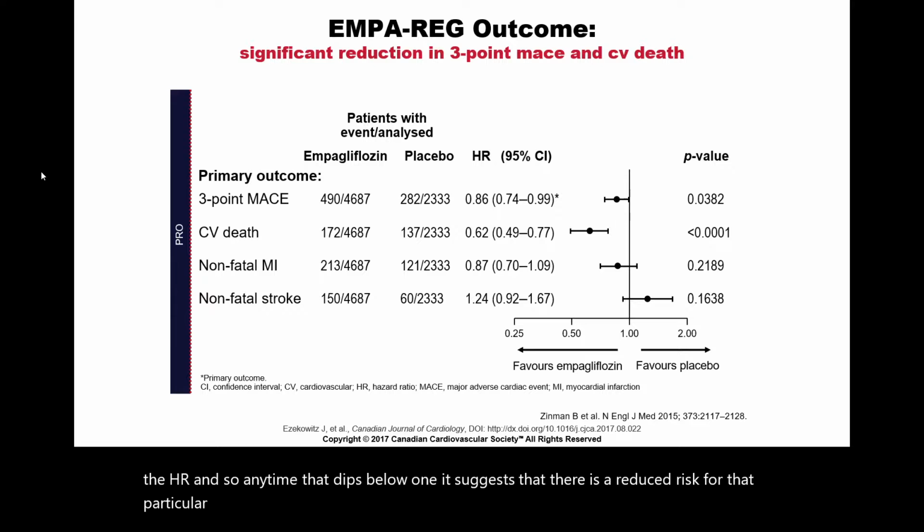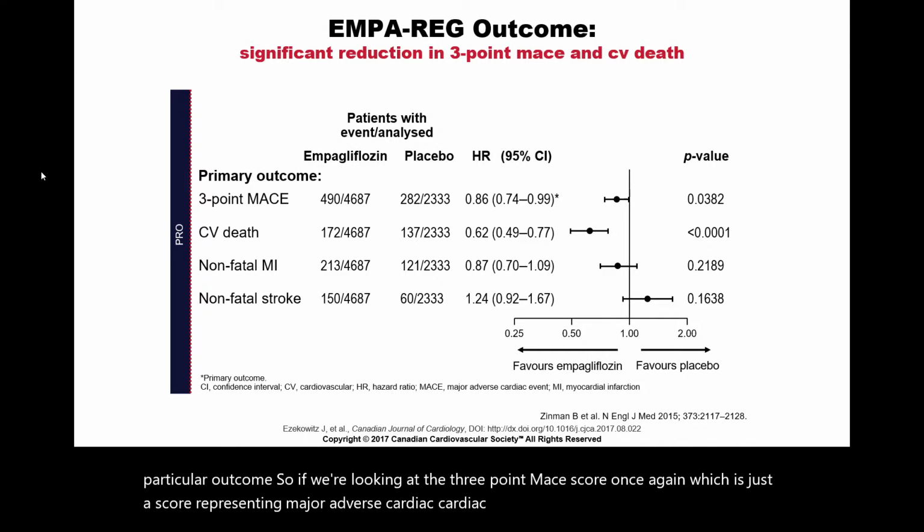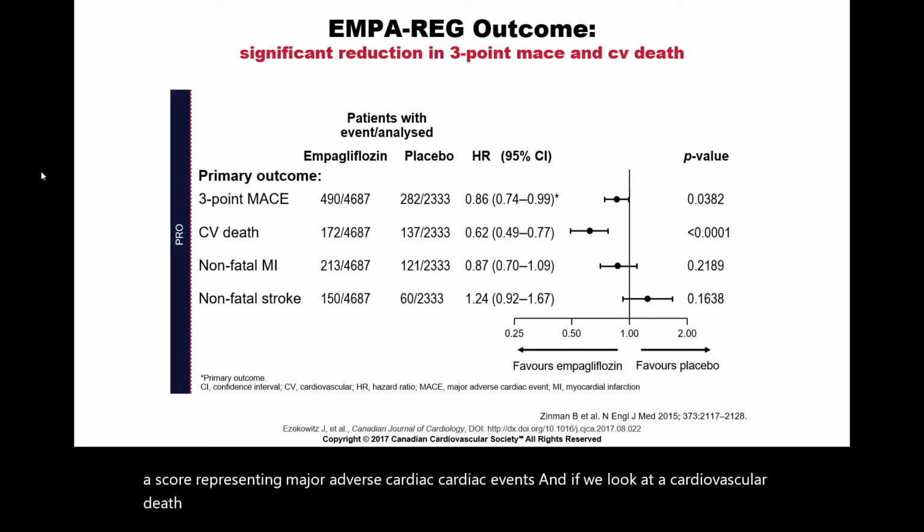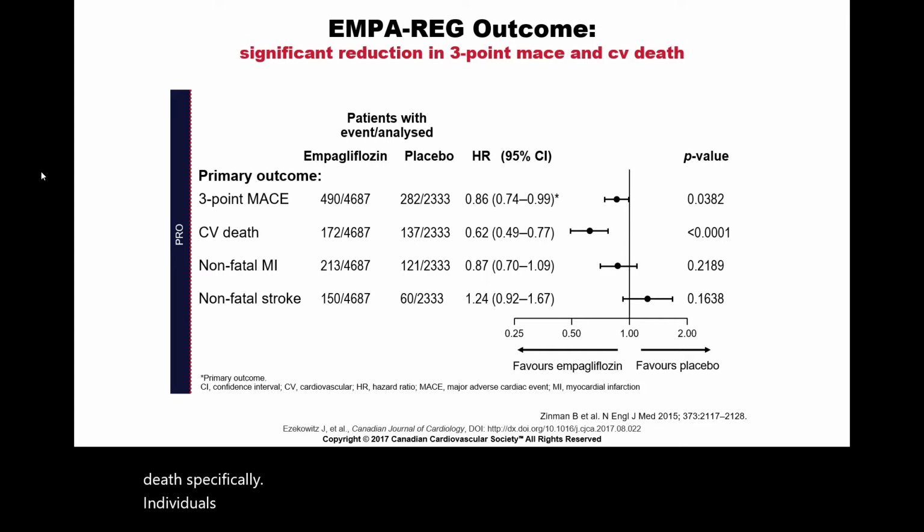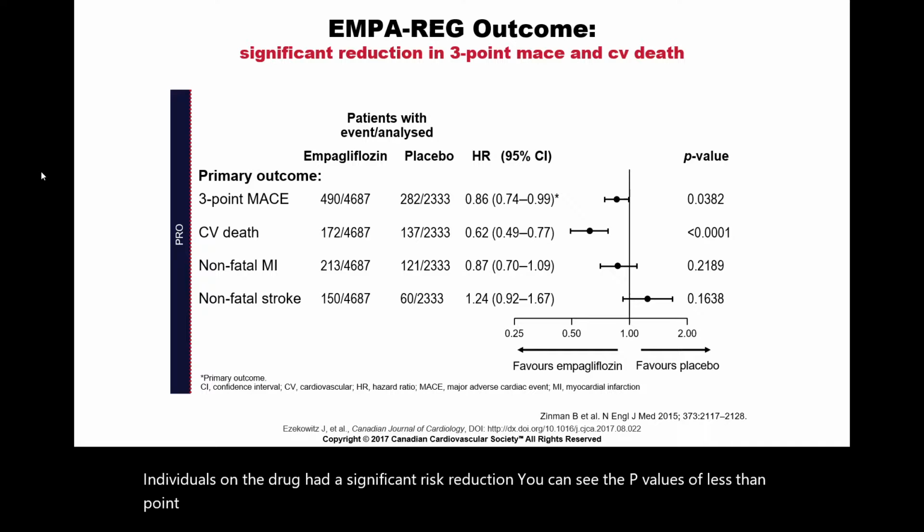If we're looking at the 3-point MACE score, once again, which is just a score representing major adverse cardiac events, and if we look at cardiovascular deaths specifically, individuals on the drug had a significant risk reduction. You can see the p-values of less than 0.05, which supports the fact that it is a significant reduction.